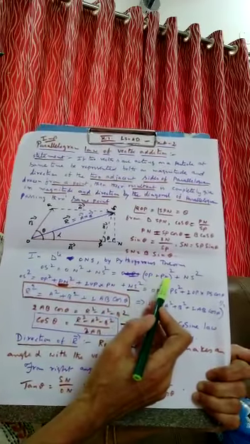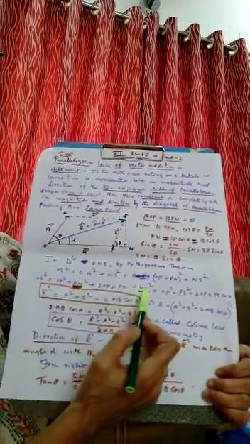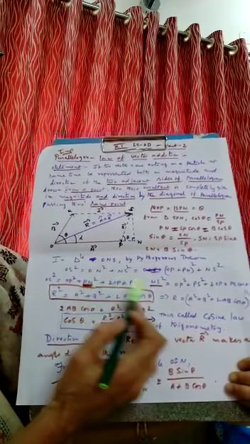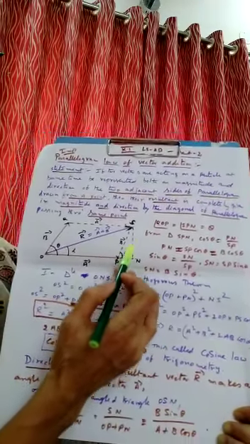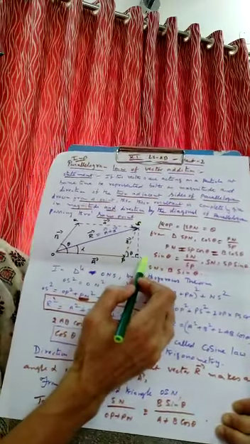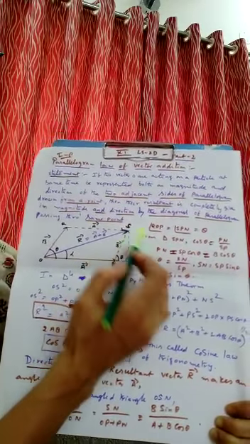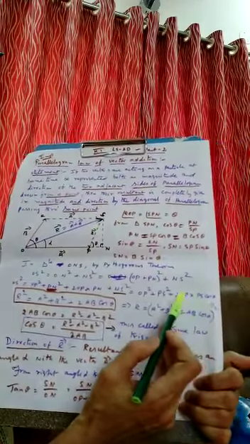We have expanded this A plus B whole square formula with the help of that. Right? But if you take PN square and NS square, see the triangle, PN square plus NS square is nothing but, according to Pythagoras theorem, the value is PS square. So I have written here PS square.